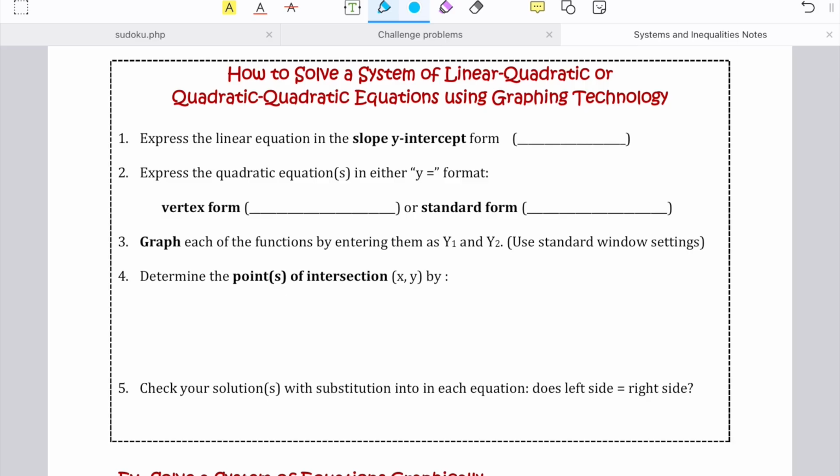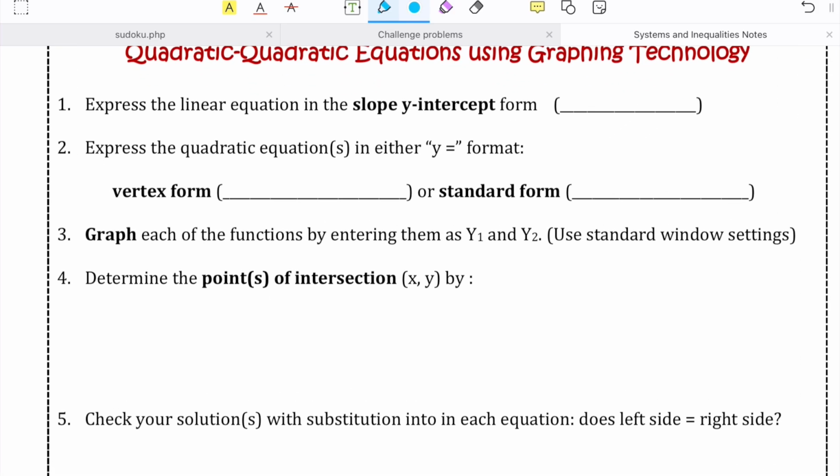Okay, so when we are trying to solve a system which has linear and quadratic equations using a graphing calculator, we express the linear equation in slope-intercept form. So slope-intercept form was y is equal to mx plus b, right? Vertex form was y is equal to a(x minus p) squared plus q, right?